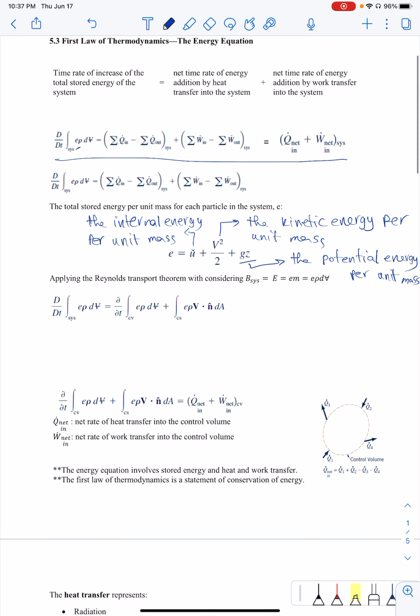Now, by applying the Reynolds transport theorem, considering B of the system as E and little b as e also.